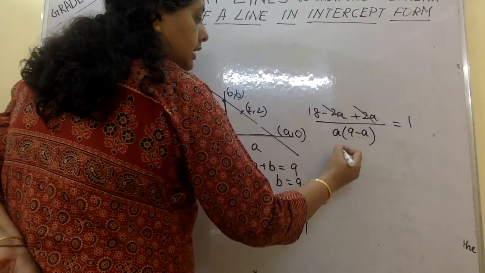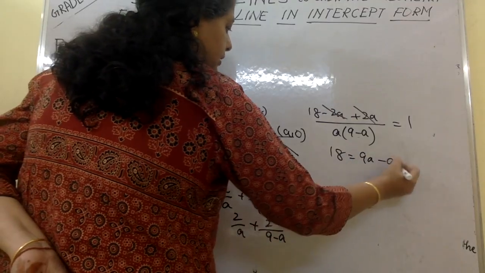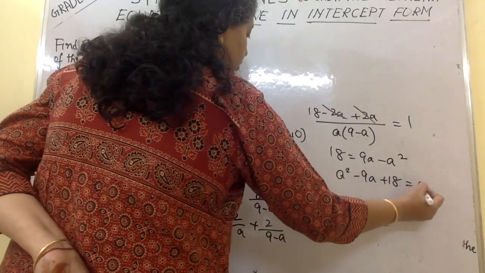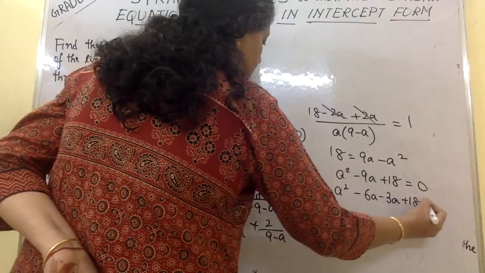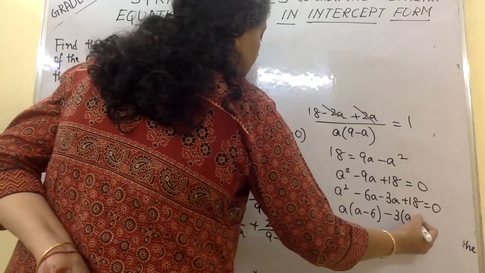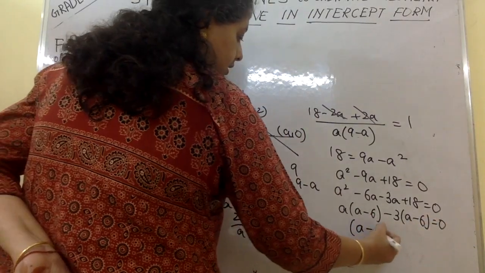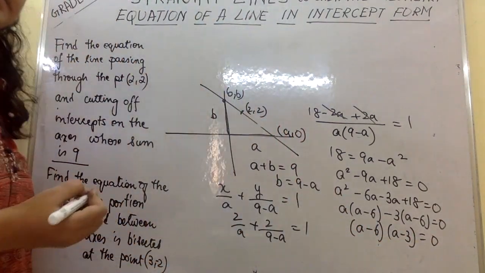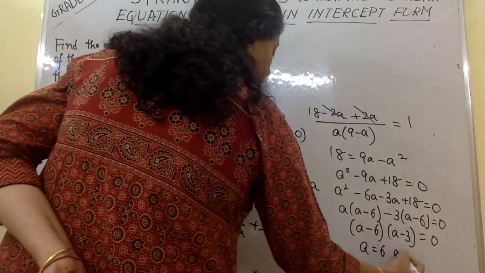So it becomes 18 is equal to 9a minus a square. a square minus 9a plus 18 is equal to 0. a square minus 6a minus 3a plus 18 is equal to 0. a into a minus 6 minus 3 into a minus 6 is equal to 0. a minus 6, a minus 3 is equal to 0. So a is equal to 6 or 3.